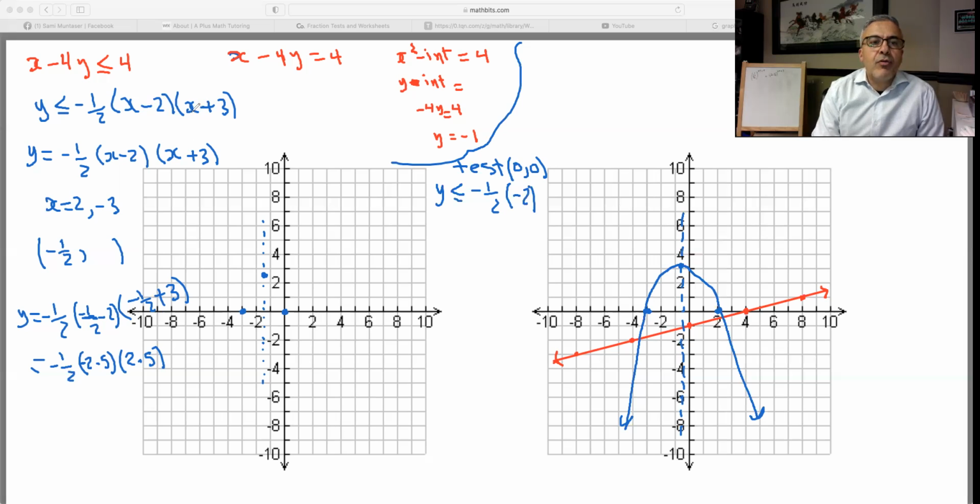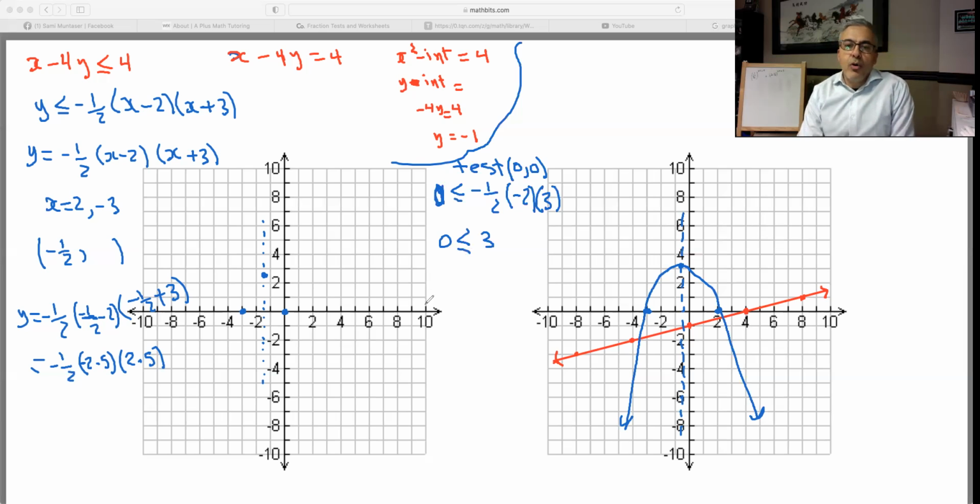And if we sub in 0 for x here, we're just going to get 0 plus 3, which is 3. And we sub in 0 for the y as well. So now we get 0 is less than or equal to -1/2 times -2 is +1 times 3 is 3. Is this true? Oh, sorry. Yes, it is. If it's true, you shade where 0, 0 is. 0, 0 is inside the parabola. So you shade where 0, 0 is.